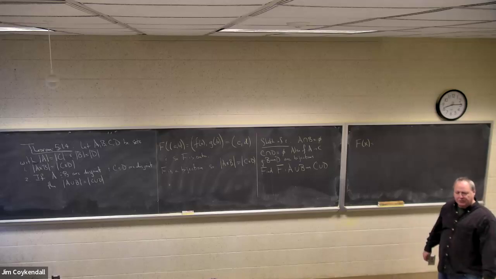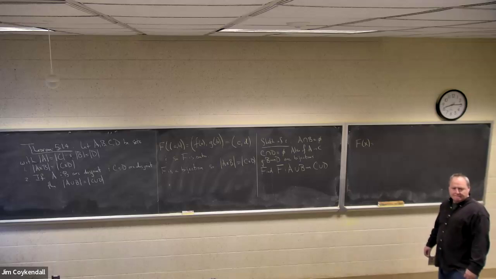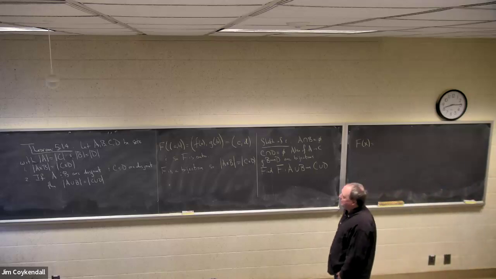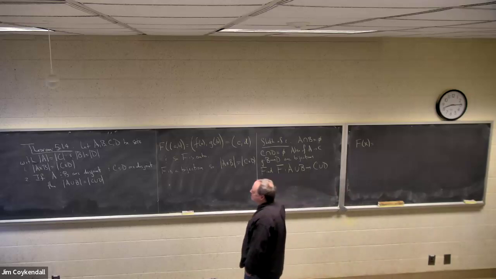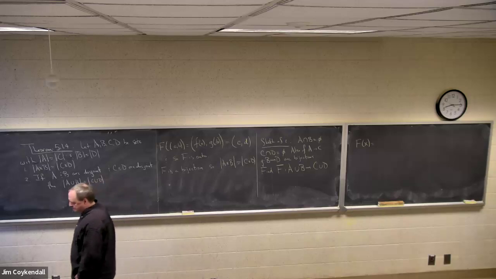How do we get the function? Since they're bijections, and we know those are equal, we have cardinality.